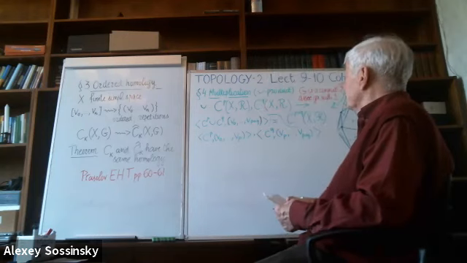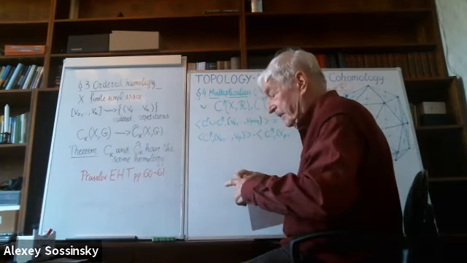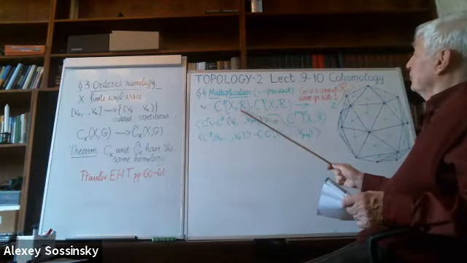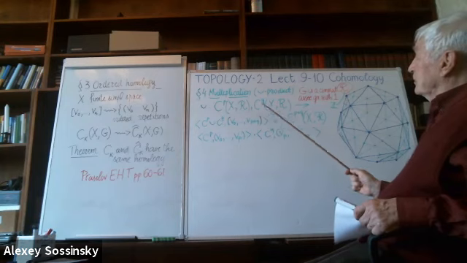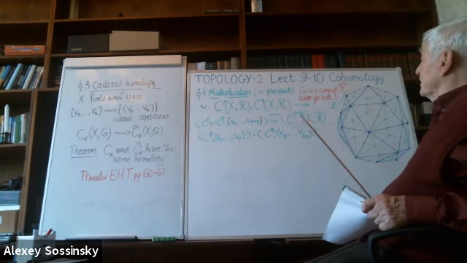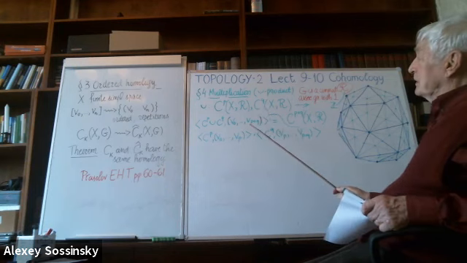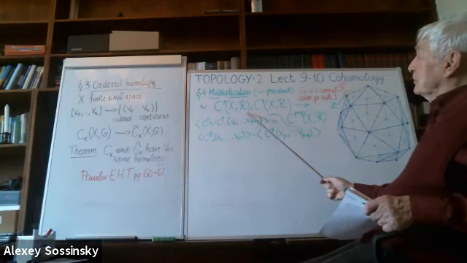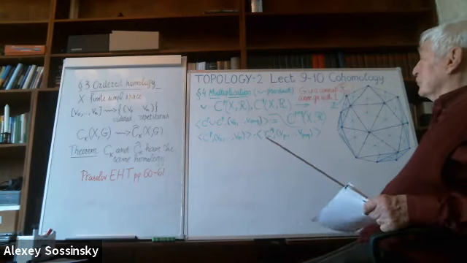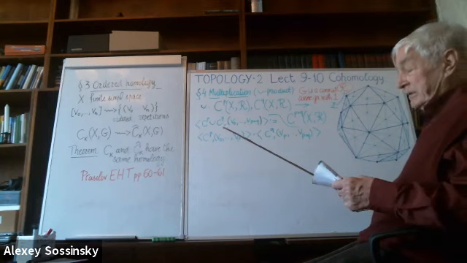So this is the definition of a product of two cochains. The result is a cochain of dimension p plus q, defined in the following way. Its value on a p plus q dimensional simplex is given by this formula. And of course, from a simplex, we extend to chains by linearity, as we always do.